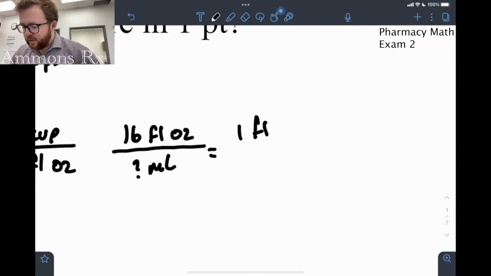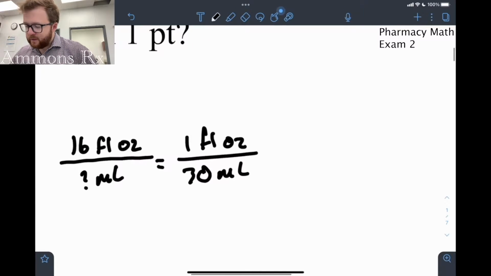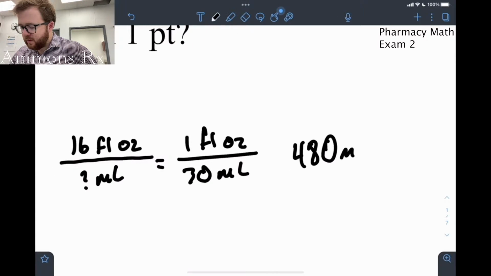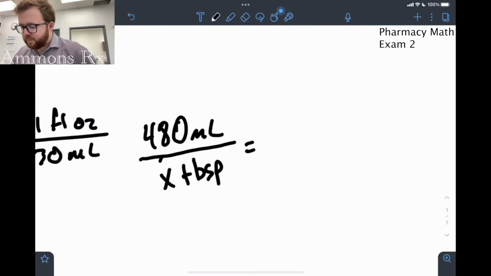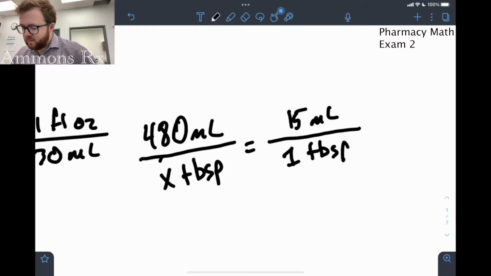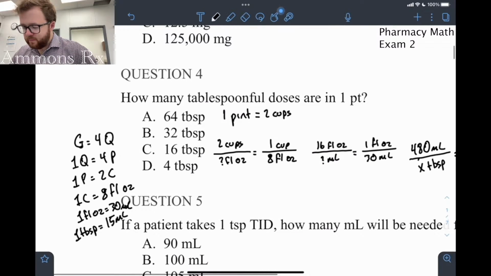There is 1 fluid ounce and there is 30 mils. So 30 times 16 is going to be 480 mils. Is that where we stop? No, we need to go to tablespoons. 480 divided by 15. That's our answer.